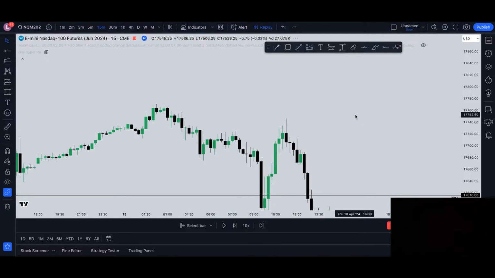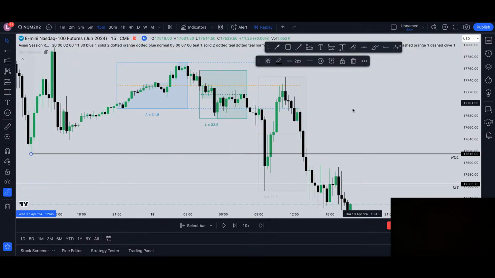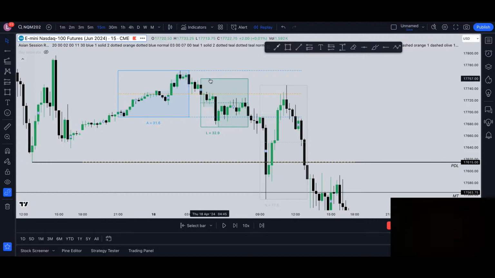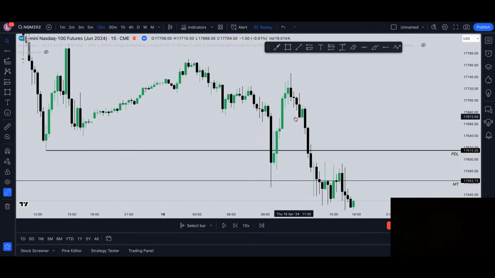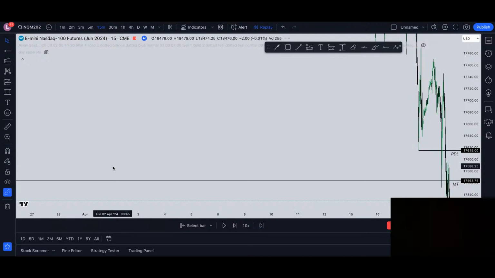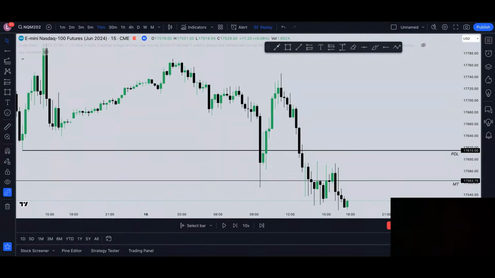Let's go to 15-minute. So we can see on Thursday, you can see with the NYC open, price just dropped. I see when there's an objective like previous daily low, and there's a daily order block down there, with NYC open, most of the time there will be a quick drop to the objective. After that, with the 10 a.m. kind of, there will be a reversion.